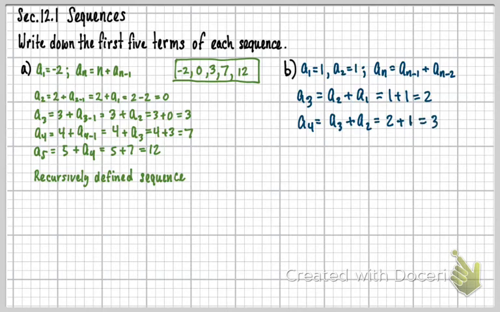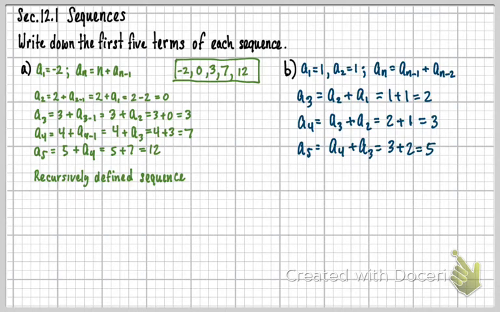So this is actually going to be 3. And then let's find A5 now. A5 equals, that's going to be A4 plus A3. And that equals, A4 was 3, A3 was 2. So that's going to be 3 plus 2, which equals 5.